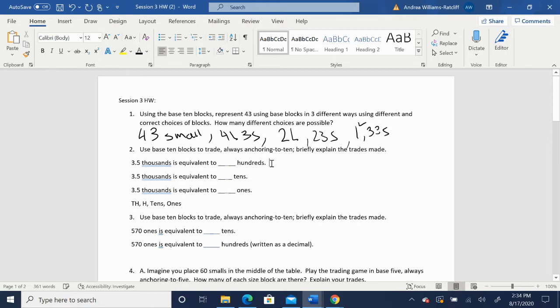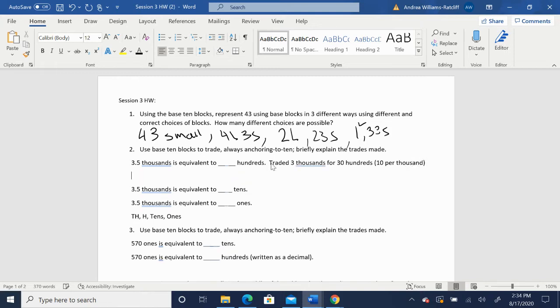So I have traded 3,000s for 30 hundreds, 10 per 1,000. Now after that, I'm left with this little half of 1,000.